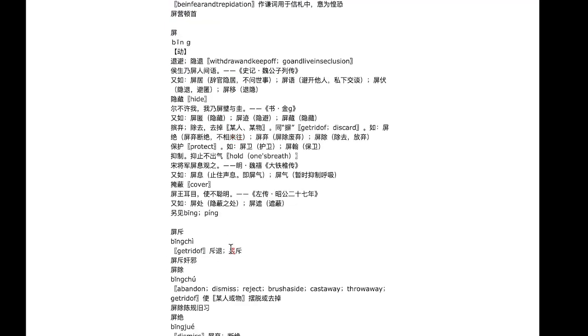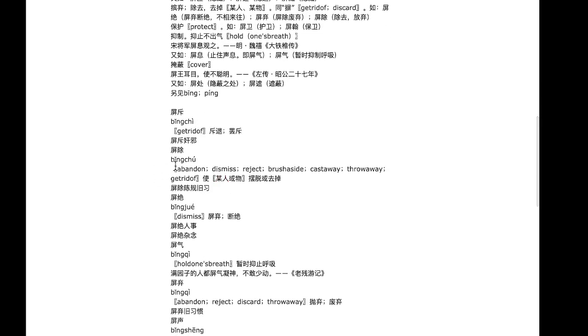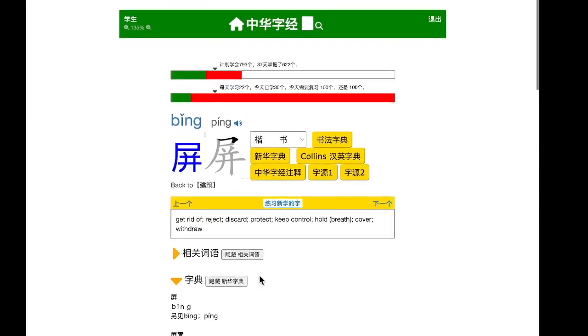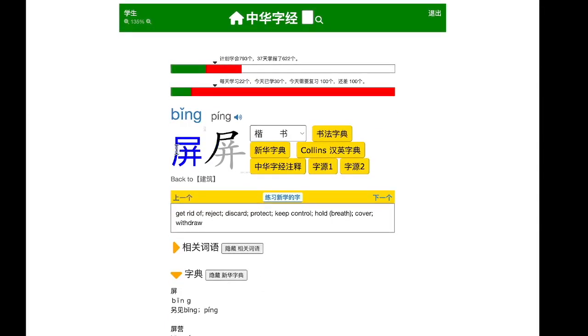So here you've got like 屏斥, which means get rid of, 屏除, to reject, dismiss, cast away. 屏气 is what you call holding your breath. 屏气 or 屏息 could also be taking one's breath. So for those words, those phrases, we read this 屏.